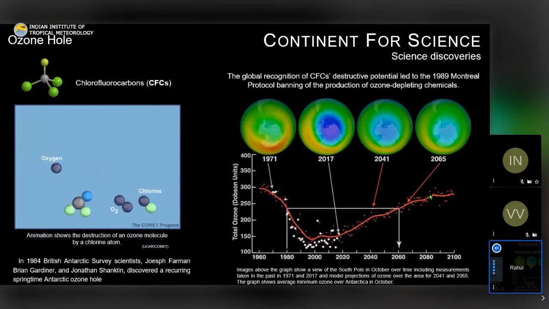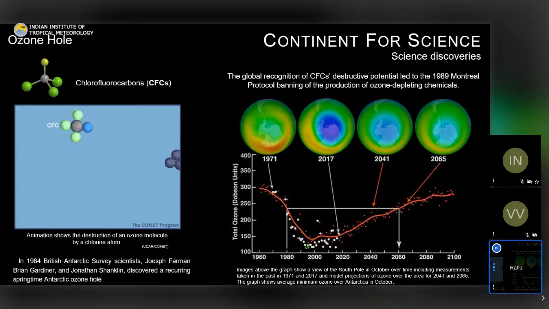So what are the units of measurement? It is Dobson units. If you see this map, on the x-axis are the years and the Dobson units, and you would see that the ozone hole is decreasing in Antarctica. It is healing. It means things are going better. But if you see the projections, it may again increase. These are mathematical projections. But why? Why, after the Montreal Protocol in 1989 and 1990, are we still worried about the CFCs?